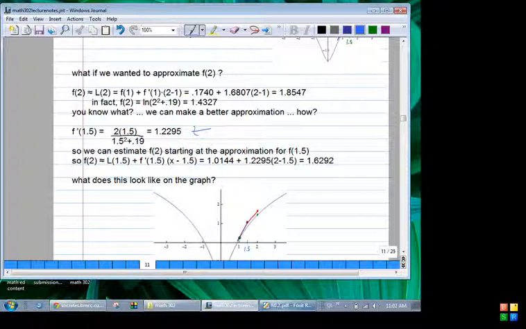And my new approximation is 1.6292. Clearly, this is a better approximation because I'm not going off on that slope that I had before, which is clearly worse. I've got a new slope which is more accurate.